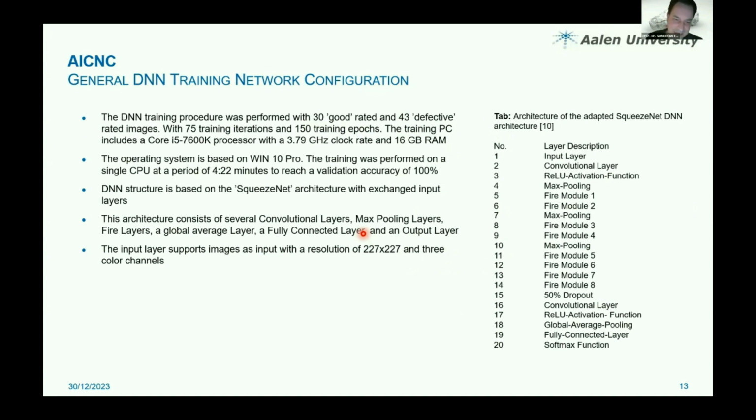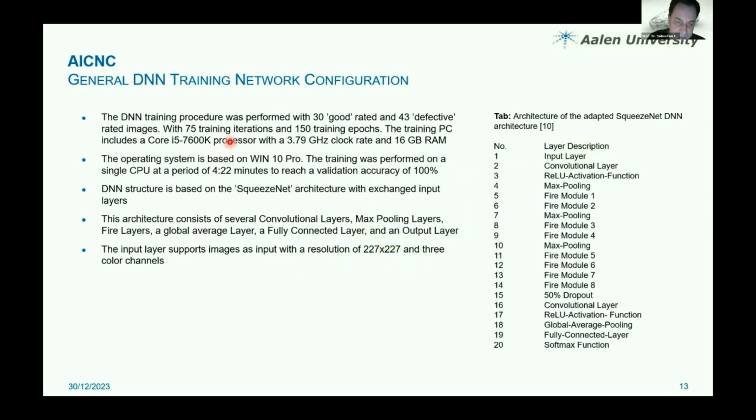But in the past, we used a simple SqueezeNet neural network, but we exchanged some layers, and especially the input layer was changed, so we can adapt it to the webcam, and also we use a low resolution, so we can save some time and make the frame rate a little bit higher when it goes to real-time webcam observation.